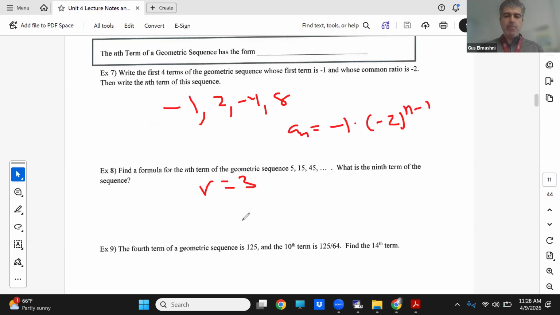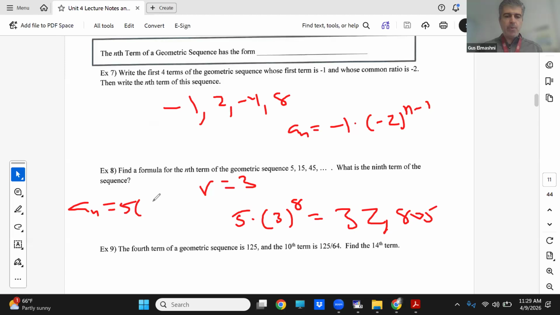So the 9th term is going to be 5 times 3 raised to the 8th power, which is 32,805. And the nth term is going to be an equals 5 times 3 raised to the n-1 power.